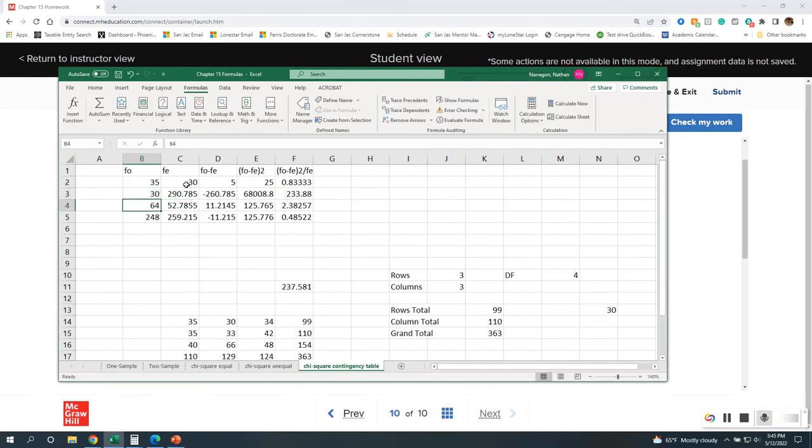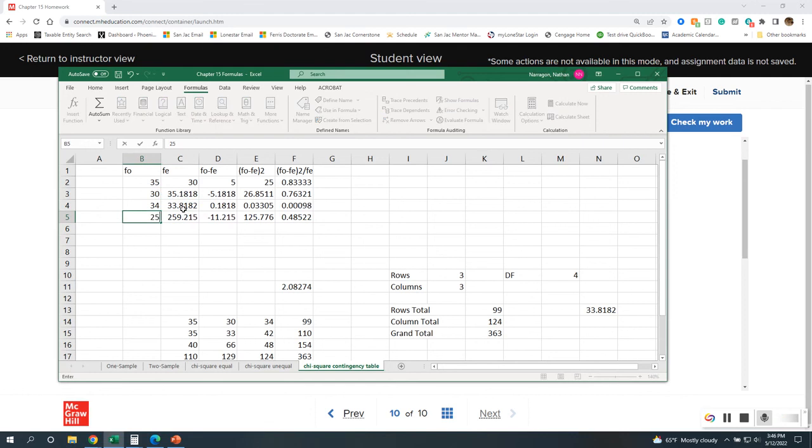Notice I typically go through the rows, but you can do it either way that you like. So 129 for the column, 35.1818. Next, 34. Its row, column is 124. So that is 33.8182.